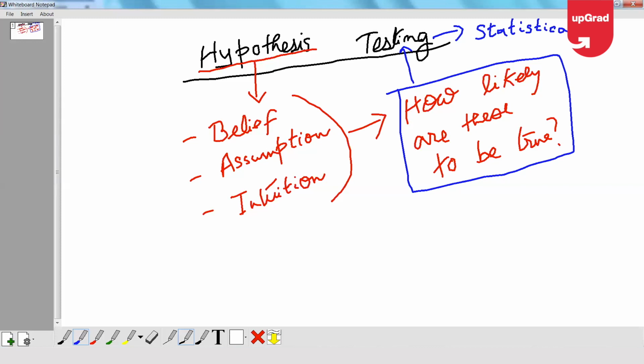So now let's understand what are the two main pillars of hypothesis testing. And even before that, let's go through a scenario and try to understand how a belief or an assumption or an intuition gets formed. So suppose you go back in a time machine to 2019.